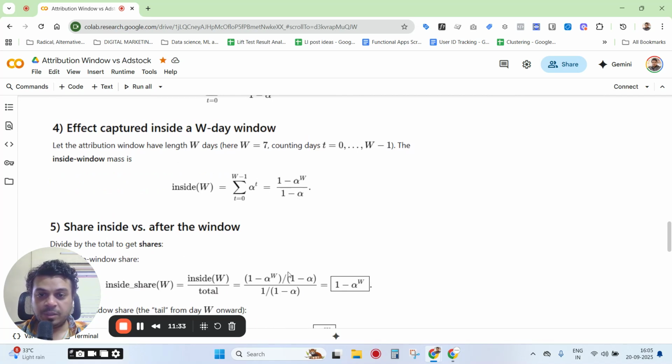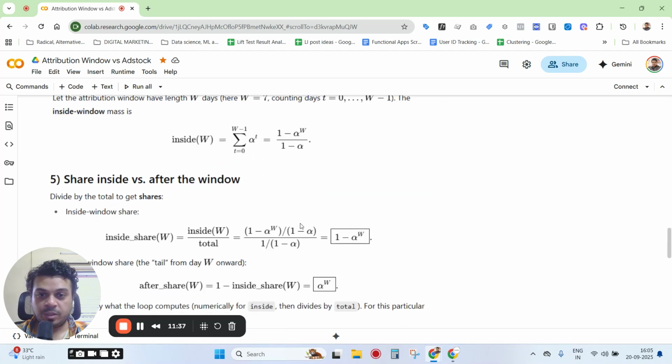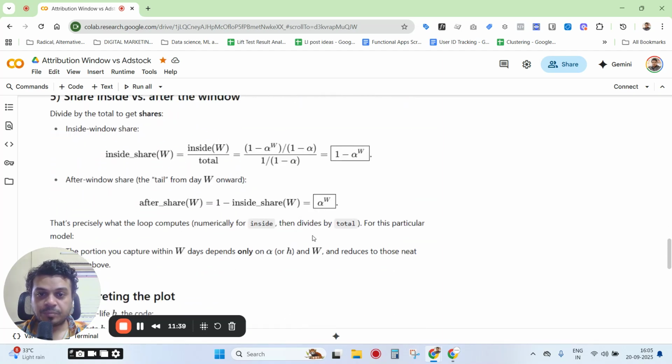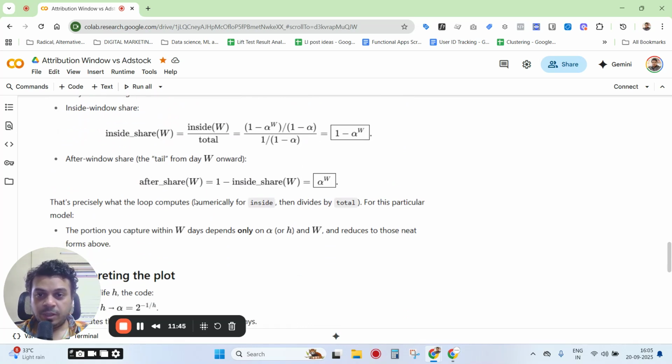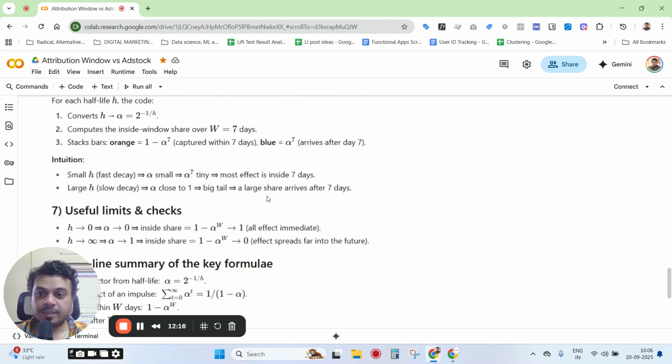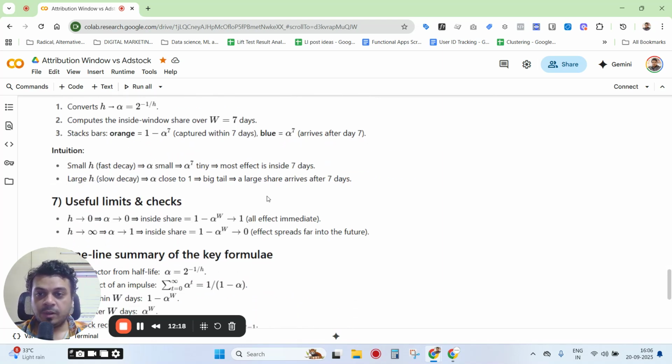So your inside share becomes 1 minus alpha to the power w. The after share is nothing but 1 minus that, because the total share is 100%, so it becomes alpha to the power w.